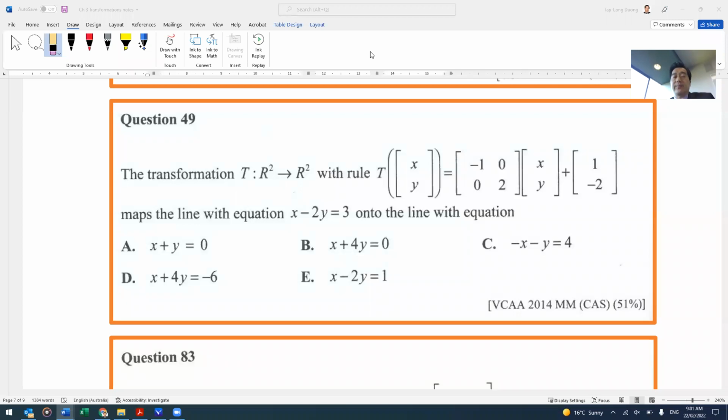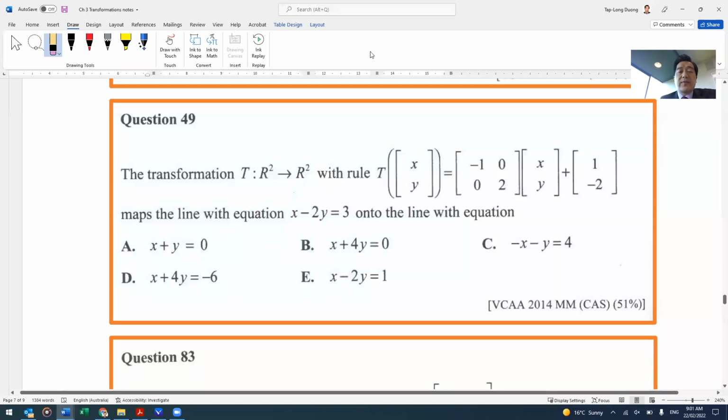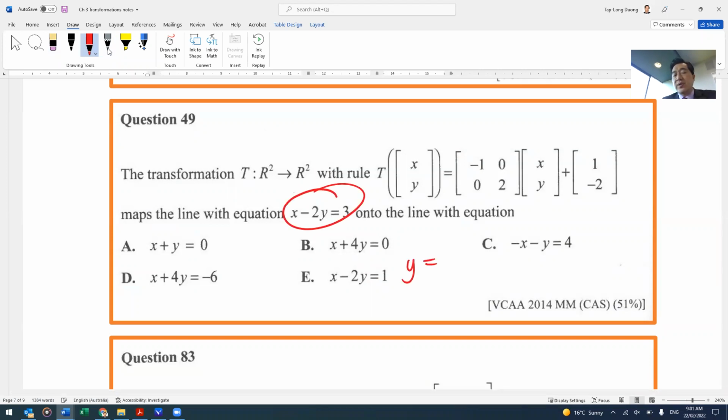For this one here, it's easiest if you first make y the subject. So you get y equals, I just plus it over, minus 3. So it's x over 2 minus 3 over 2. All right. So you are changing the x to become a negative x. So just zoom in to like that.